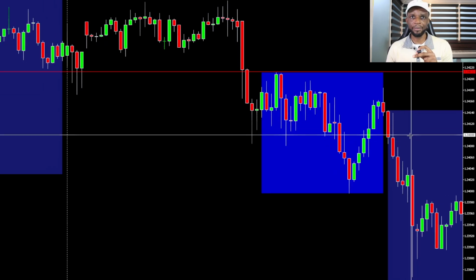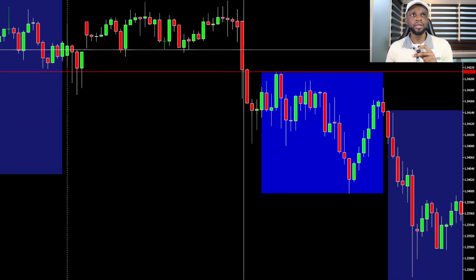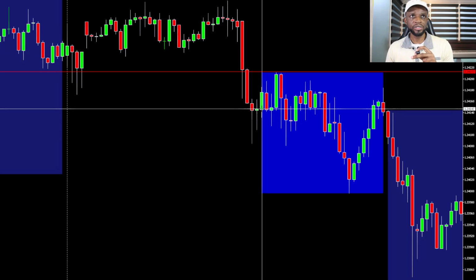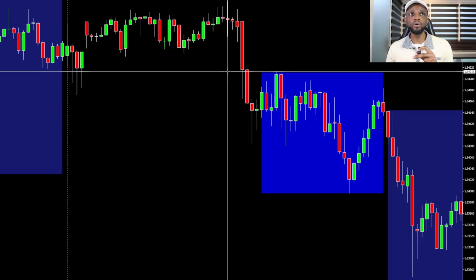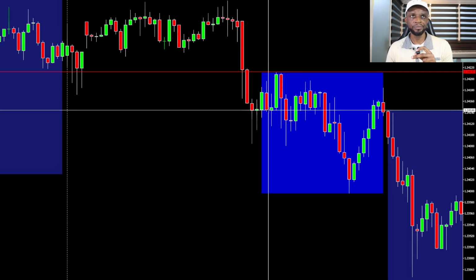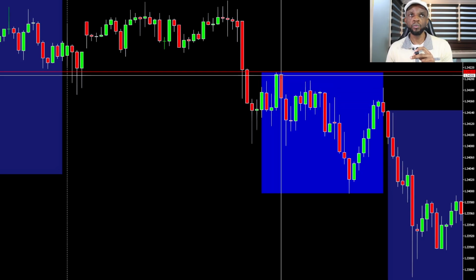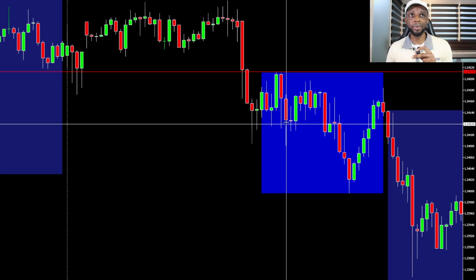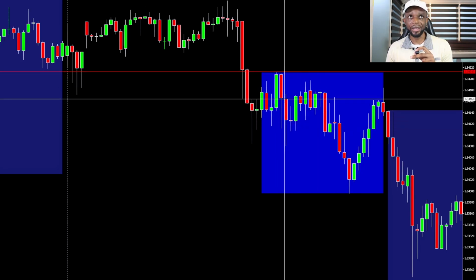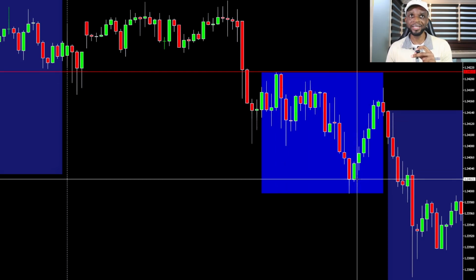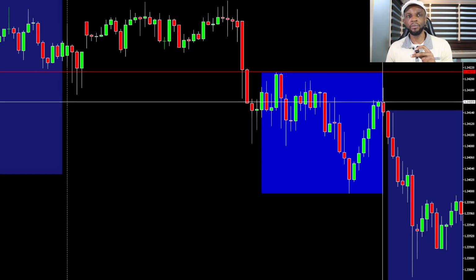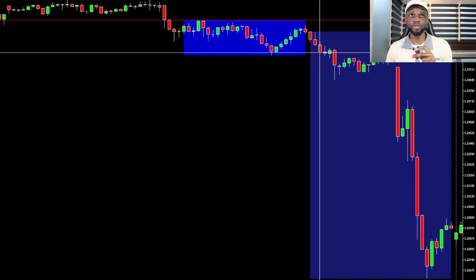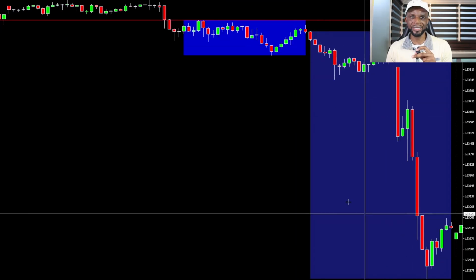Now, can you see what happened here in the London session? Price opened below the mid of the Asian session and then hovered a little, went up, touched the line, or almost touched the line, and then bounced back down, hovered a little, went way down, went back up again, and in the New York session, it went all the way down.